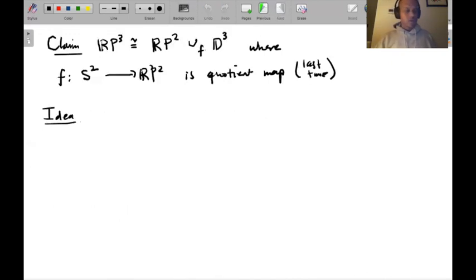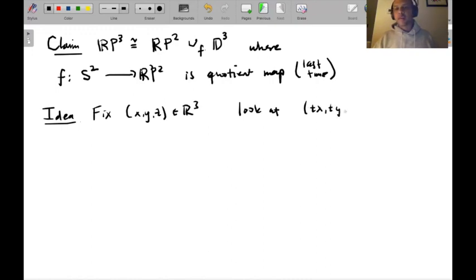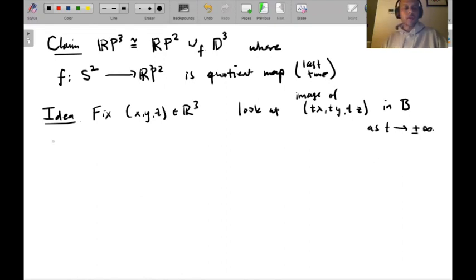So let's fix a point X, Y, Z in R3 and look at tX, tY, and tZ, or rather the image of this in B, as t goes to plus or minus infinity.